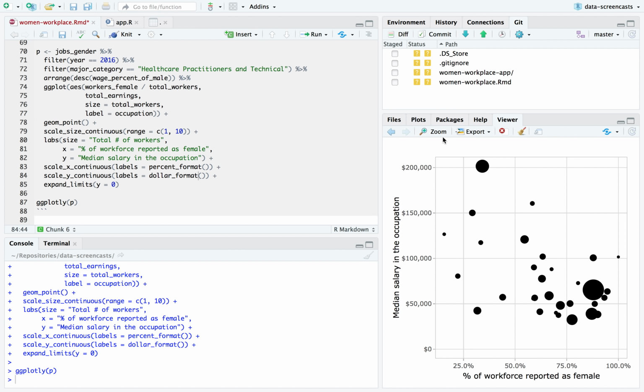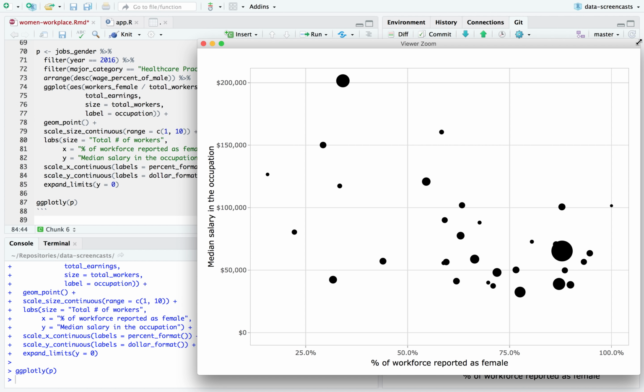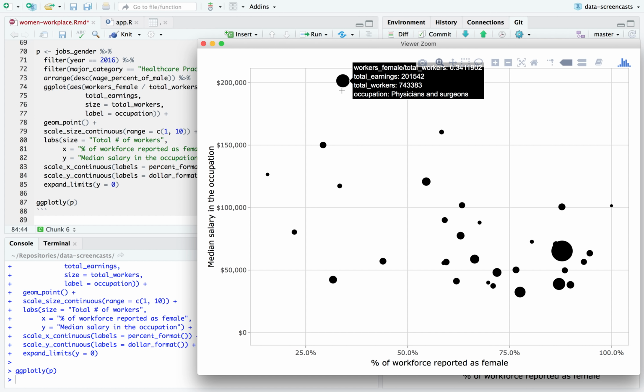So the two conclusions that I draw in terms of the healthcare disparity. One was that the fields that were more male-dominated had a larger wage disparity. But the second is that the areas that are more female-dominated tend to have lower salaries. The highest median salary occupation is physicians and surgeons, and that is one of the ones that's dominated by about 2/3 male.